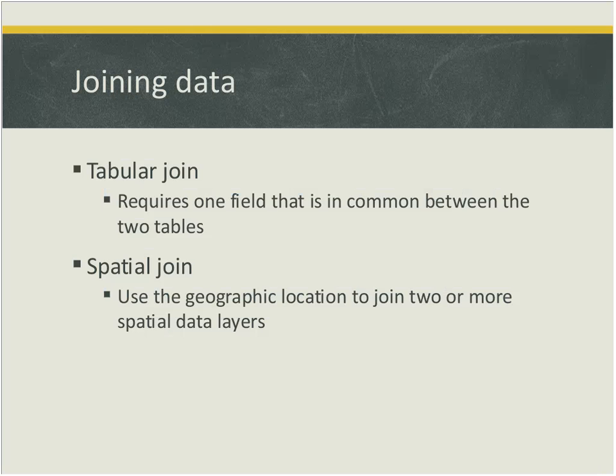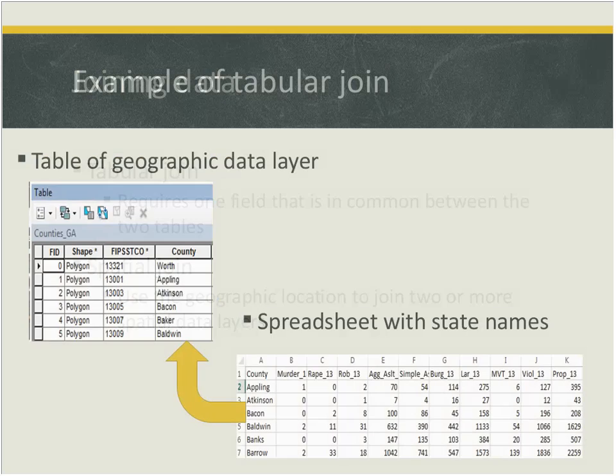So joining data then, as I just was saying, happens in two ways. Either a tabular join, where you're joining based on a common field, or a spatial join, where you're joining based on the geographic location that's in your two different feature layers. Let's take a look at a tabular join.